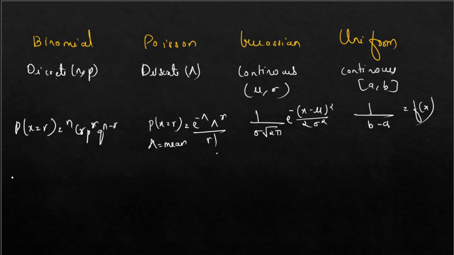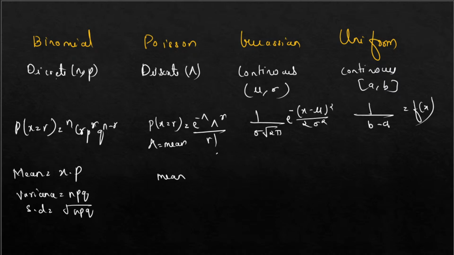And here mean equals np, variance equals npq, and standard deviation is equal to under root of npq. Okay, here mean is lambda, variance is lambda, and standard deviation is under root lambda.